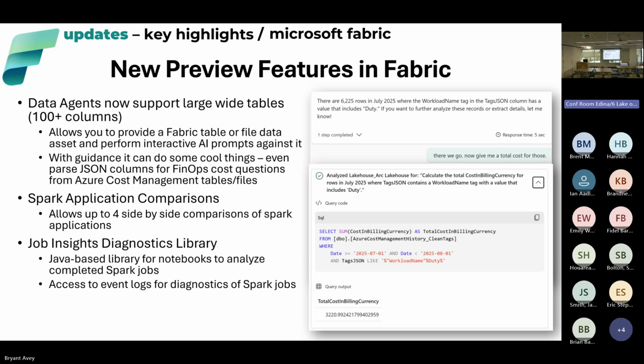It was a decent way to do it. It searched the tags to find a workload name, then the particular one I was telling it to look for, and then it totaled up and gave me back $3,200. So it works. It's kind of cool. I think it's obviously still in preview, but it's getting there and it's pretty promising.